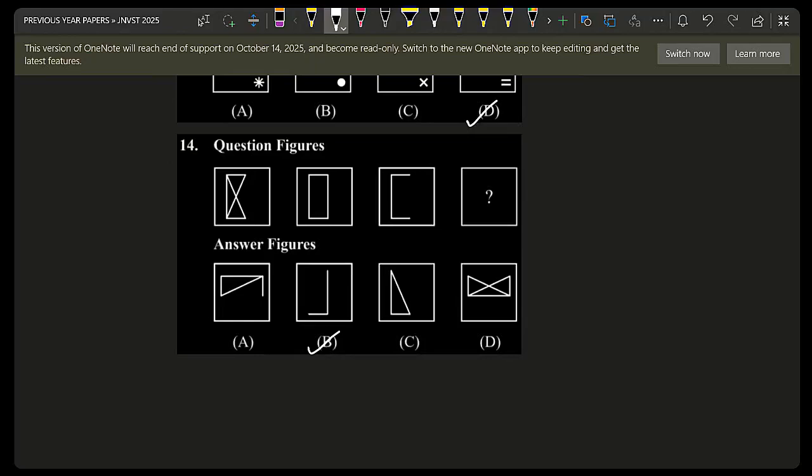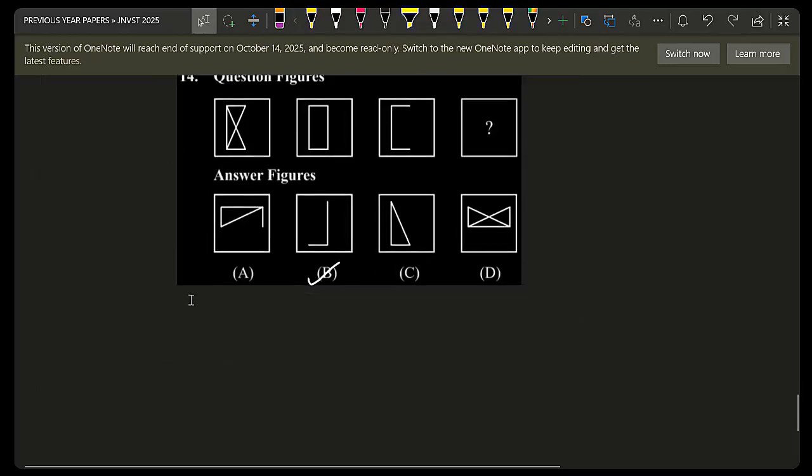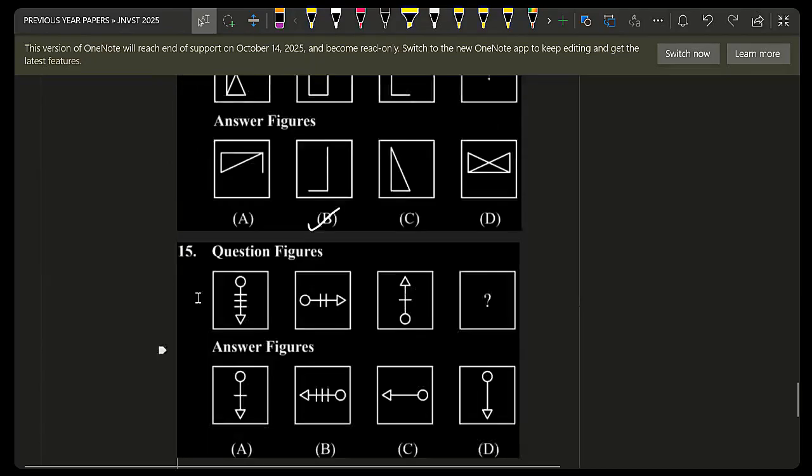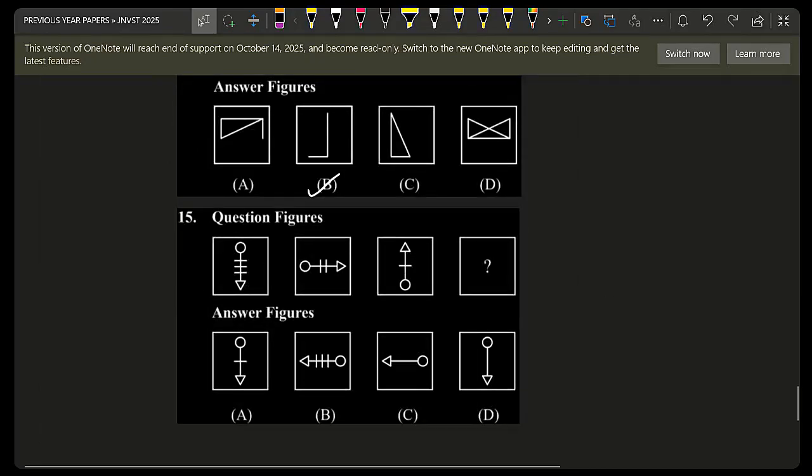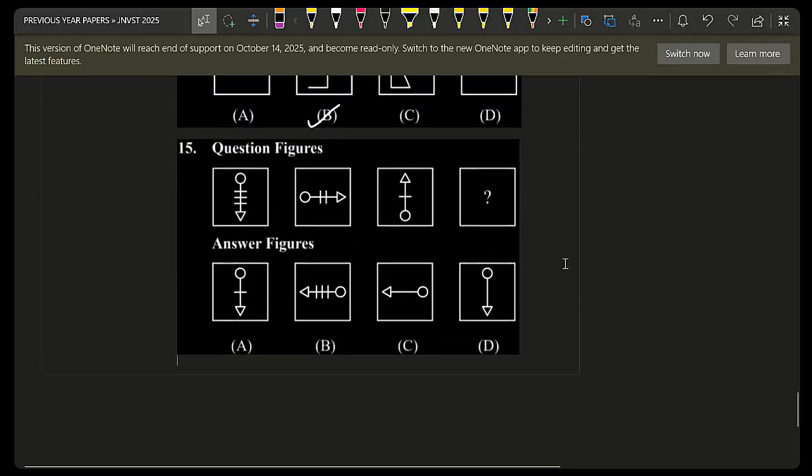15th one. So you can see clearly the figure is rotating anti-clockwise.